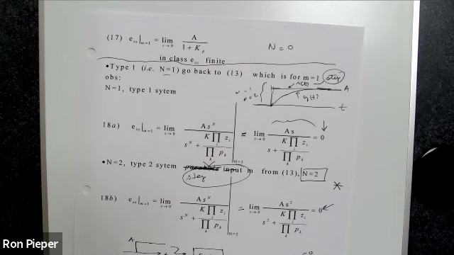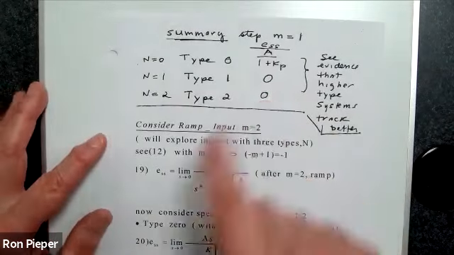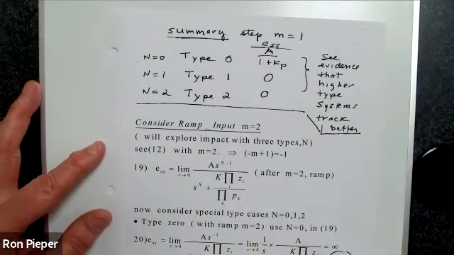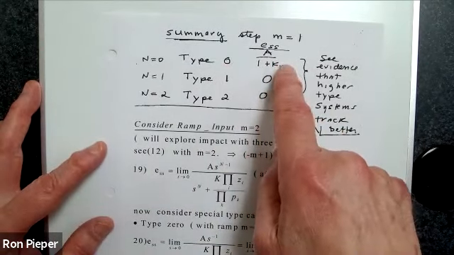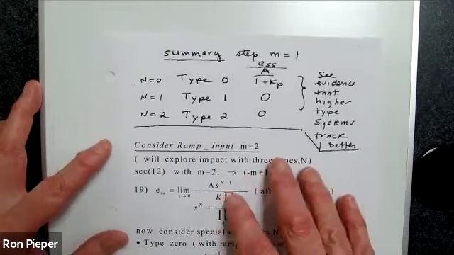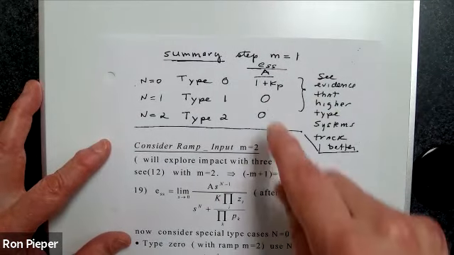Okay, so what comes out of this is a property that seems to thread through even the other cases as we look at them. But let's summarize what we just saw. We saw that for the type 0, we got a finite steady state error, and yet for type 1 and type 2, the steady state error was 0.